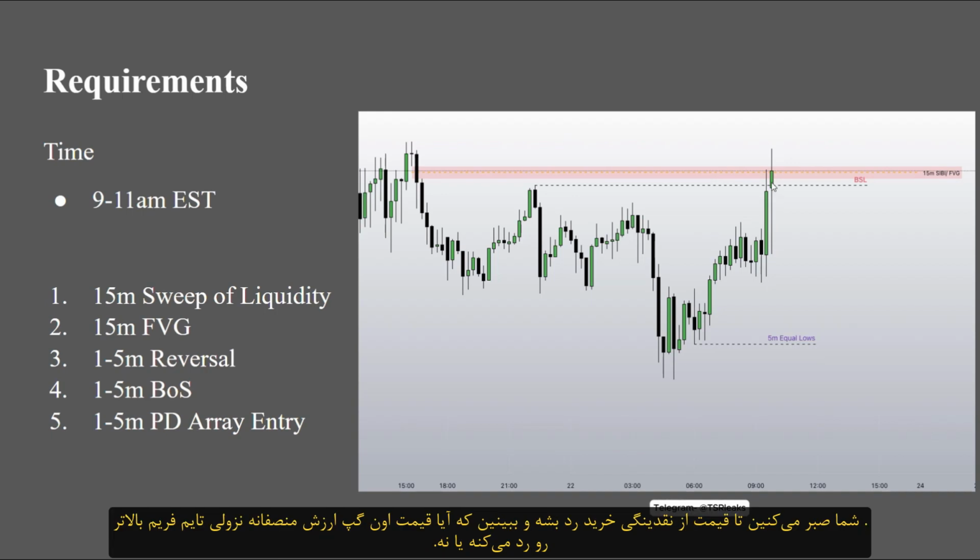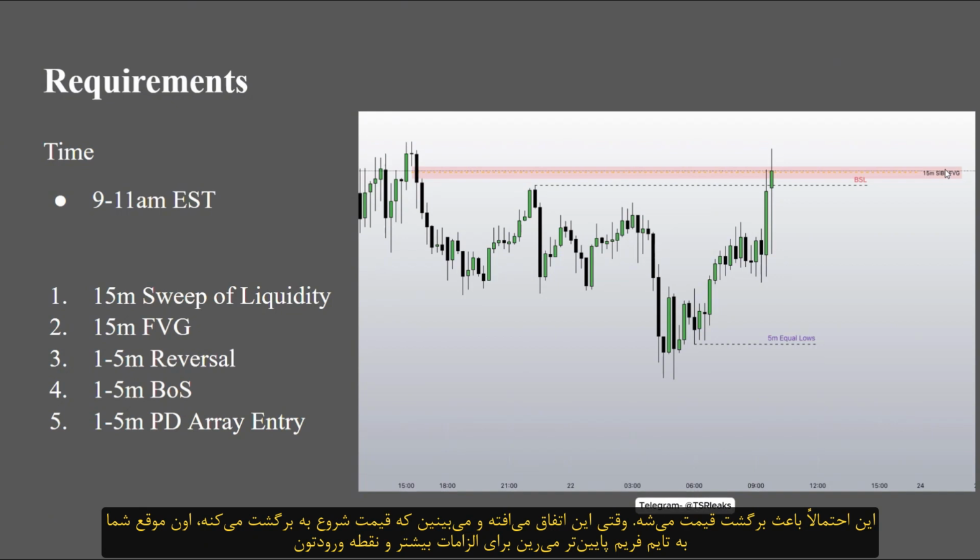You wait for price to go through the buy side liquidity and see if price rejects that higher time frame bearish fair value gap. This will likely engineer the reversal. Once this occurs and you see price beginning to reverse, that is when you head to the lower time frame for further requirements and your entry.